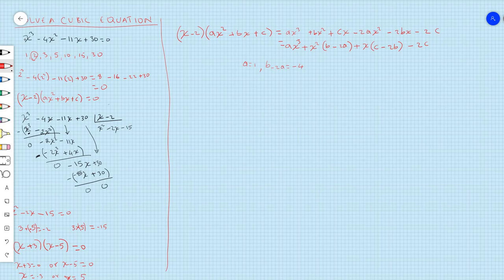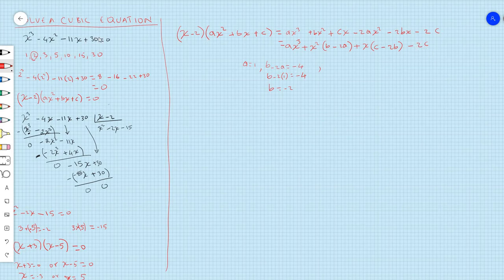So we already know a equals 1. So solve for b and get -2. So b is -2. For c, we know this term here, you can use that, but that will be too long. So let's use this.